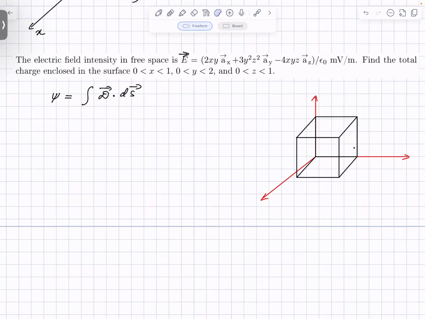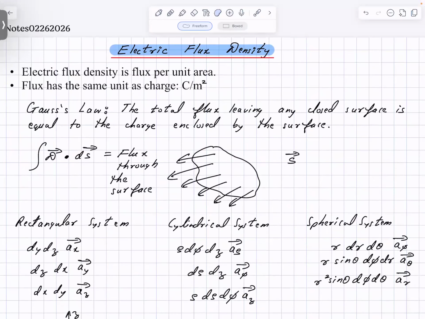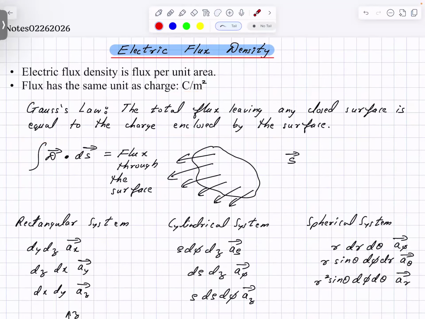And now, what we learned is Gauss's law, let's get back to it. What it says is that the total flux leaving any closed surface is equal to the charge enclosed by the surface.